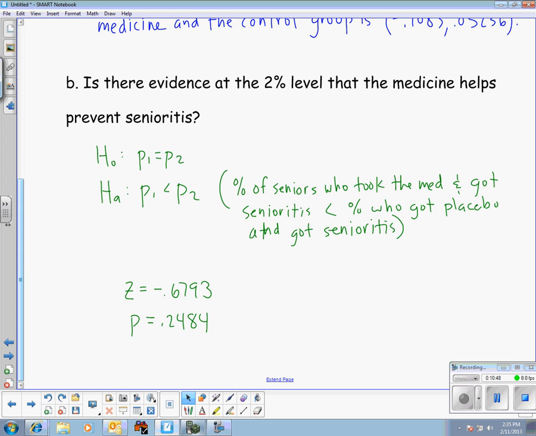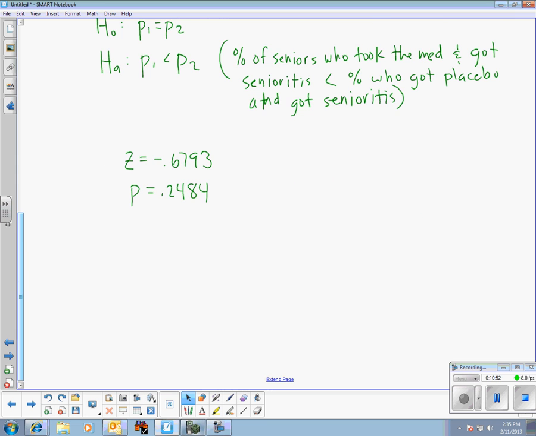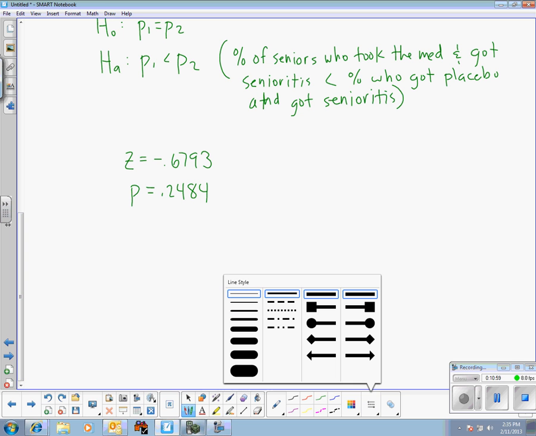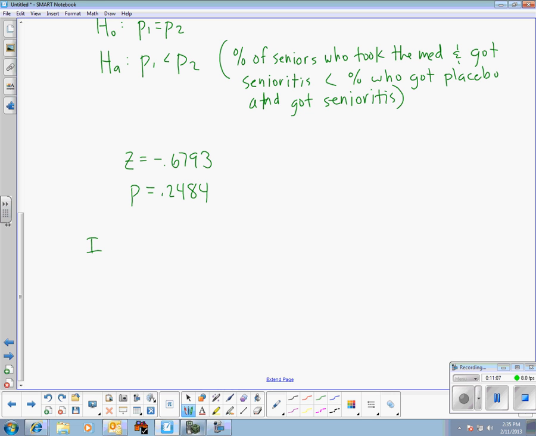If in fact the two percentages are exactly the same, which means that the medicine did nothing, then there's still a 25% chance that we could get this decrease in our percentage. So because p equals 0.2484, I do not reject the null hypothesis.